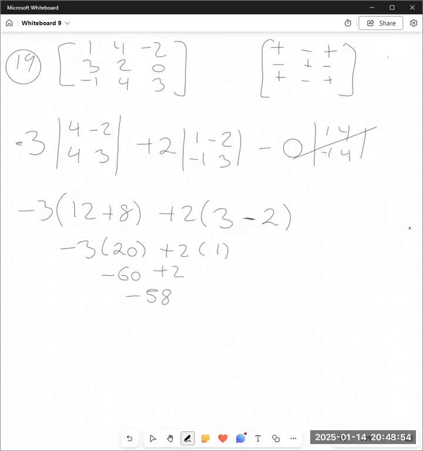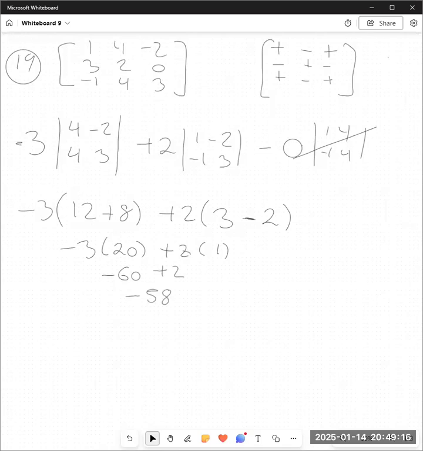Don't worry about that. 12 plus 8 is 20. It's negative 60. 2 and 3 minus 2 is 1. So that's negative 58. Yes, it is.